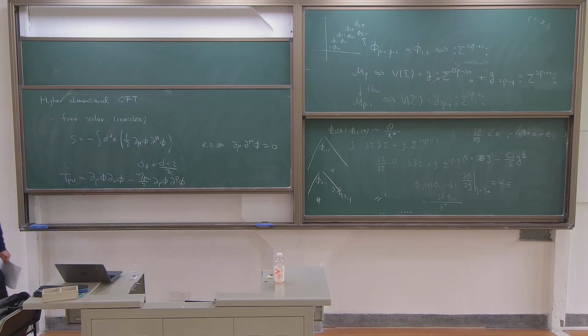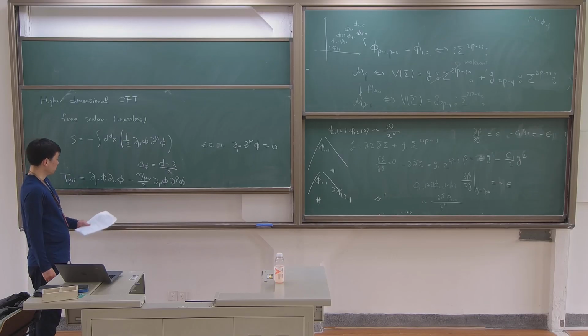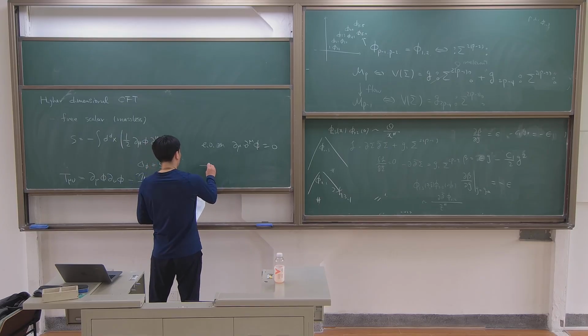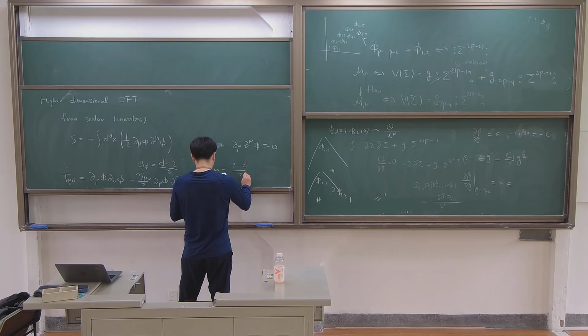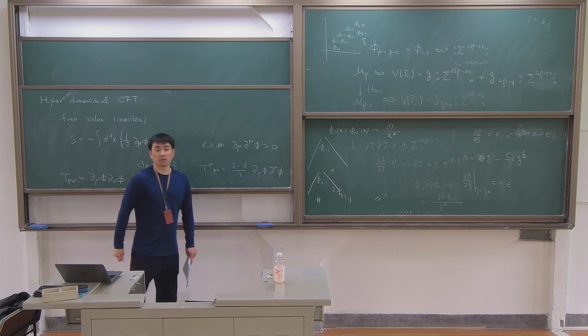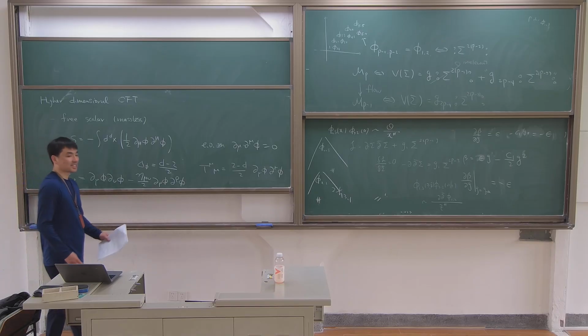So this is the energy momentum tensor, if you just use the standard method to determine it. Okay, and then you can see that if you take the trace, this will become something like this: (2 minus d) divided by 2 partial mu phi partial mu phi. Okay, it's not traceless.